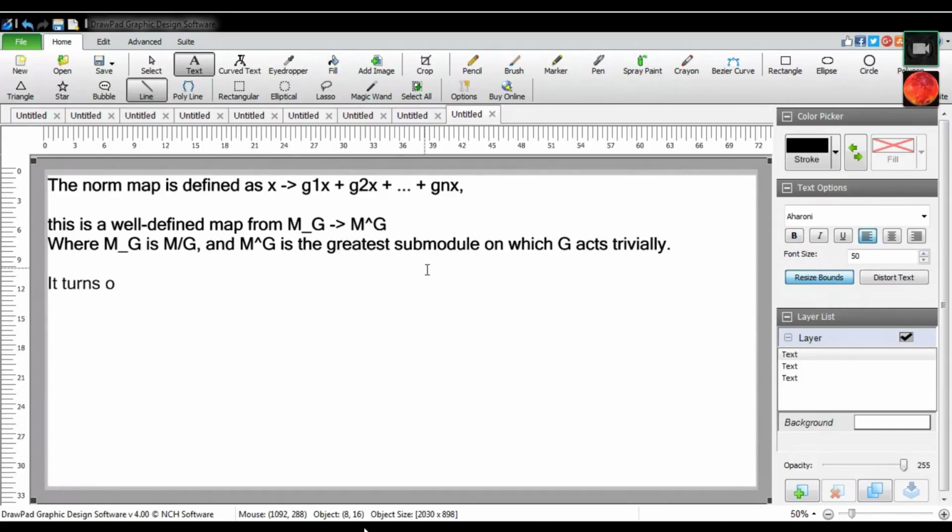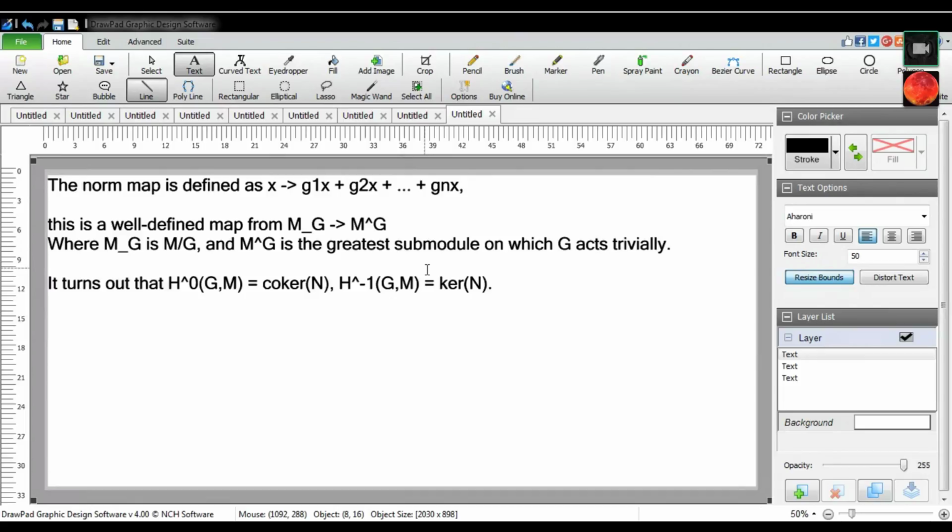And it turns out that the 0th Tate cohomology of G with coefficients in M is the cokernel of this norm map, and the negative first cohomology is the kernel of this norm map.